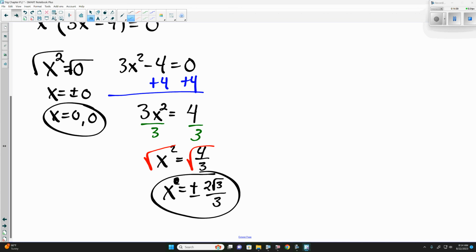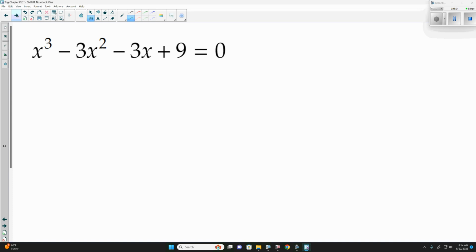We have this here. x cubed minus 3x squared minus 3x plus 9.